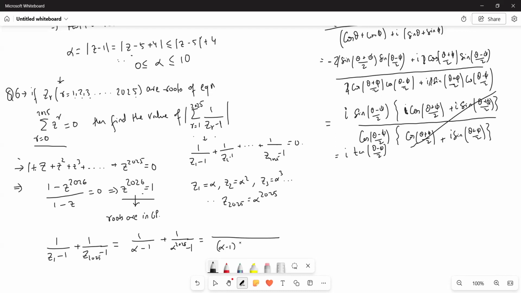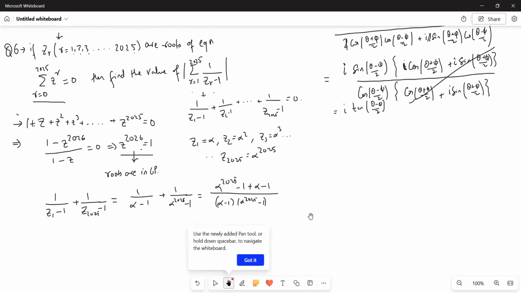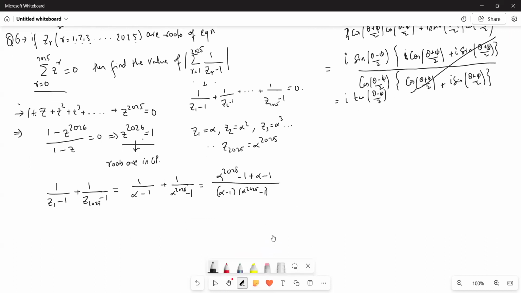So alpha minus 1 into alpha to the power 2025 minus 1, और ऊपर में आ जाएगा alpha to the power 2025 minus 1 plus alpha minus 1. देखो यहाँ तक क्लियर है सब. Which is alpha to the power 2025 plus alpha minus 2.